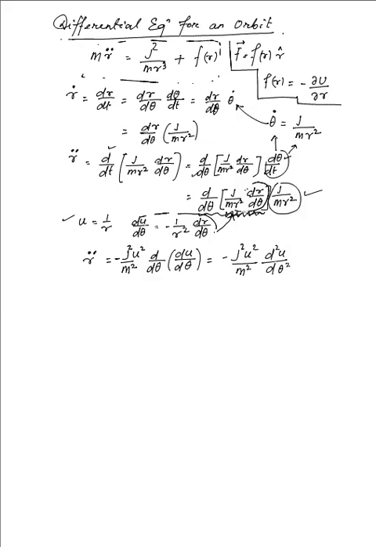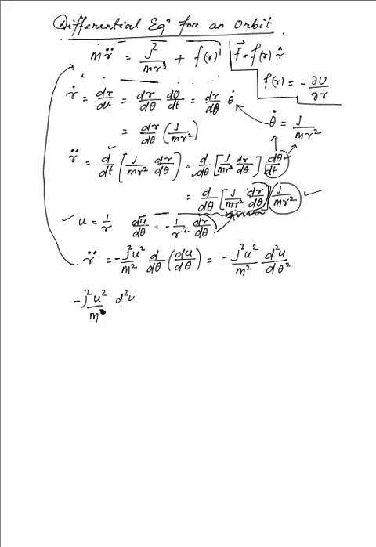And well, we take it back to this equation. This r double dot is to be substituted over here. So instead of r double dot, we have minus j square u square divided by m square. One of the m that is over there multiplied, that gets cancelled out, so we are left with only the m in the denominator.